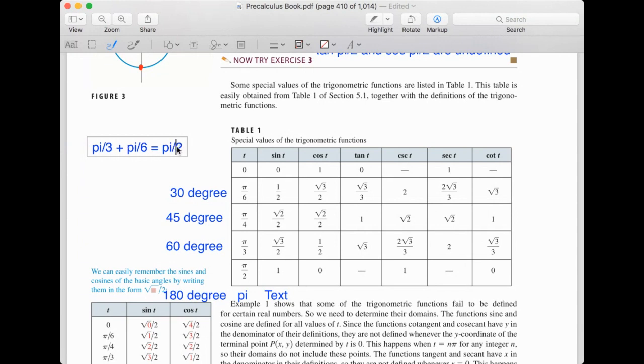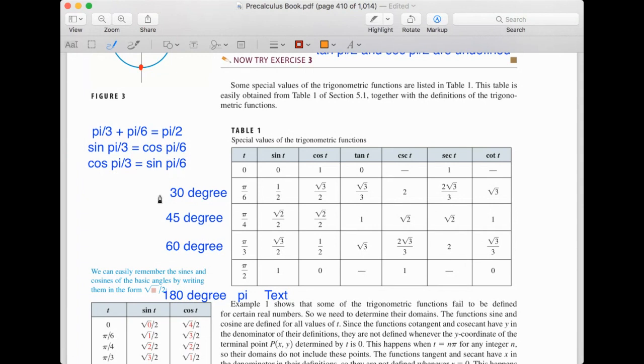If they are complementary angles, we have those co-functions. We have sine pi over 3 equals cosine pi over 6. Now I have cosine pi over 3 equals sine pi over 6. For complementary angles, sine of one equals cosine of the other. Cosine of one equals sine of the other.